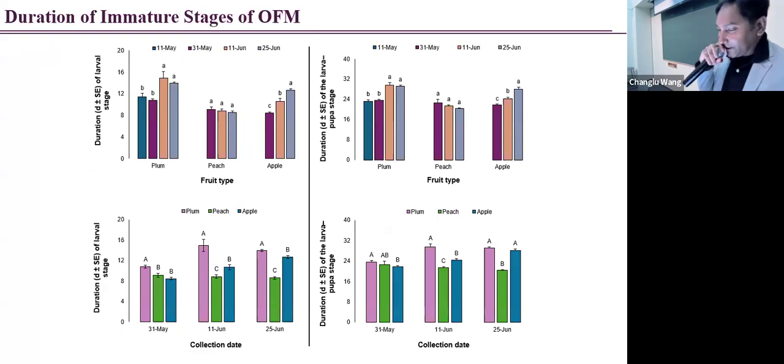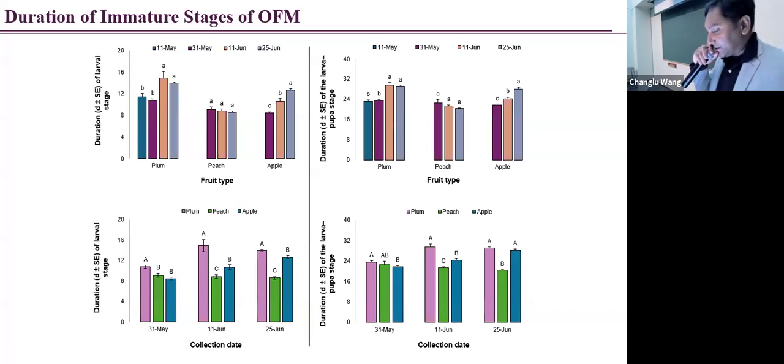If you see the duration of immature stages in plum, the duration is shorter at the early stage and higher at the later stage. In plum, when collected on May 11 and May 31, there is no significant difference.